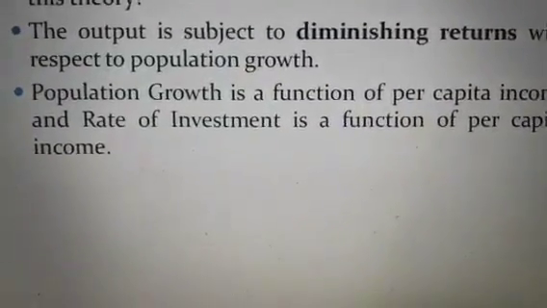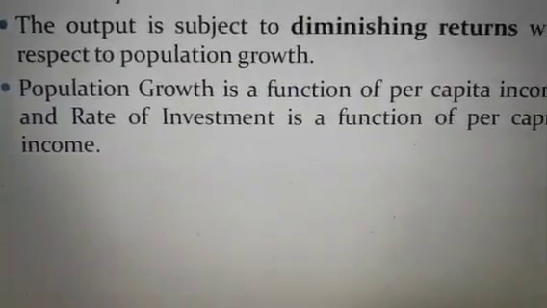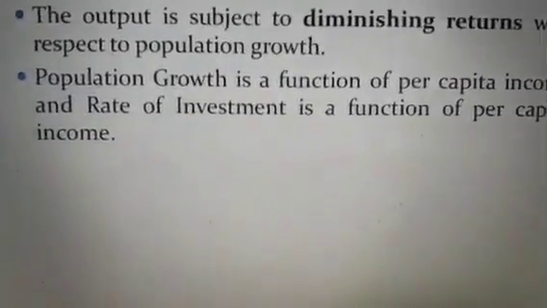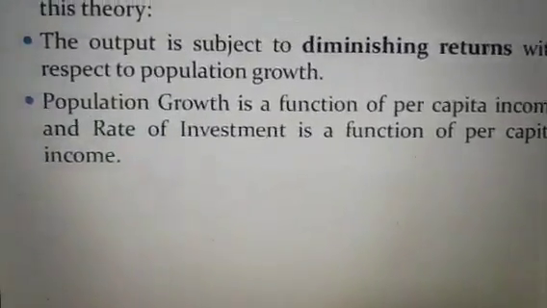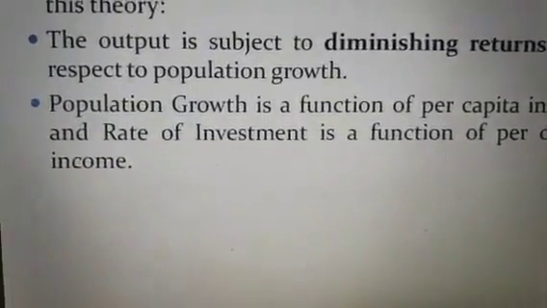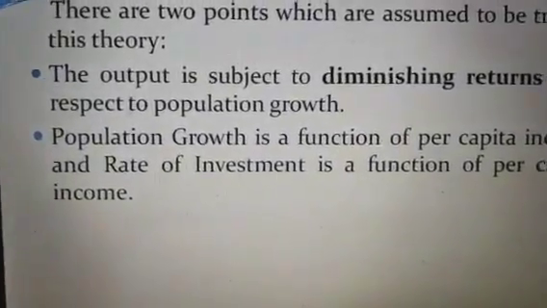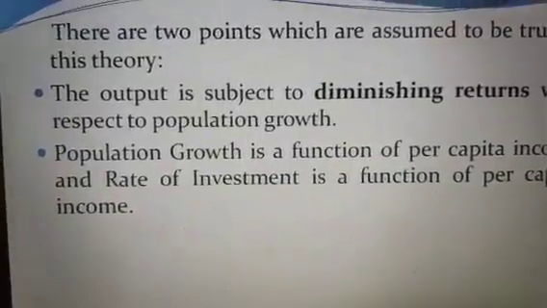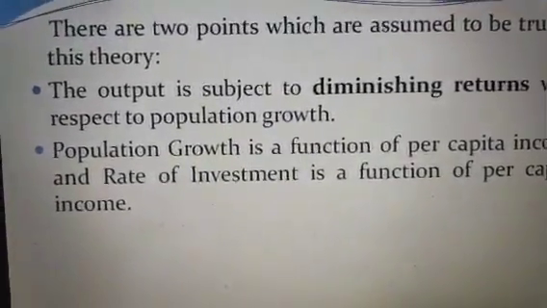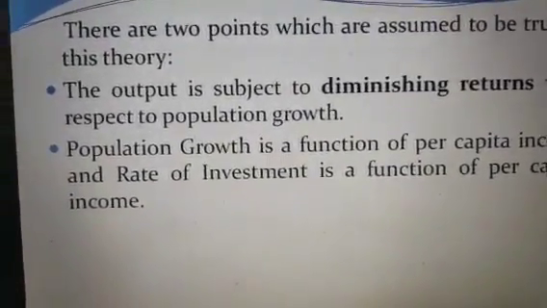And second, population growth is a function of per capita income, and rate of investment is a function of per capita income. So both assumptions show that Leibenstein tries to focus on economic development and to raise concern about the per capita income.